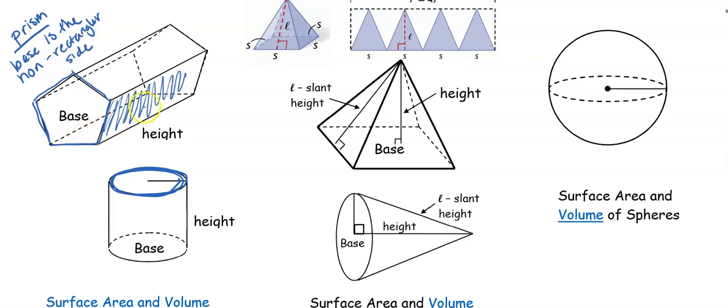So it's sitting on the bottom, but the bottom isn't necessarily the base. The base is the non-rectangular side unless it's a rectangular prism. For example, this right here is a rectangular prism. Every single side of that shape is a rectangle. So we put the prisms and the cylinders together because it has this consistent shape the whole way through.